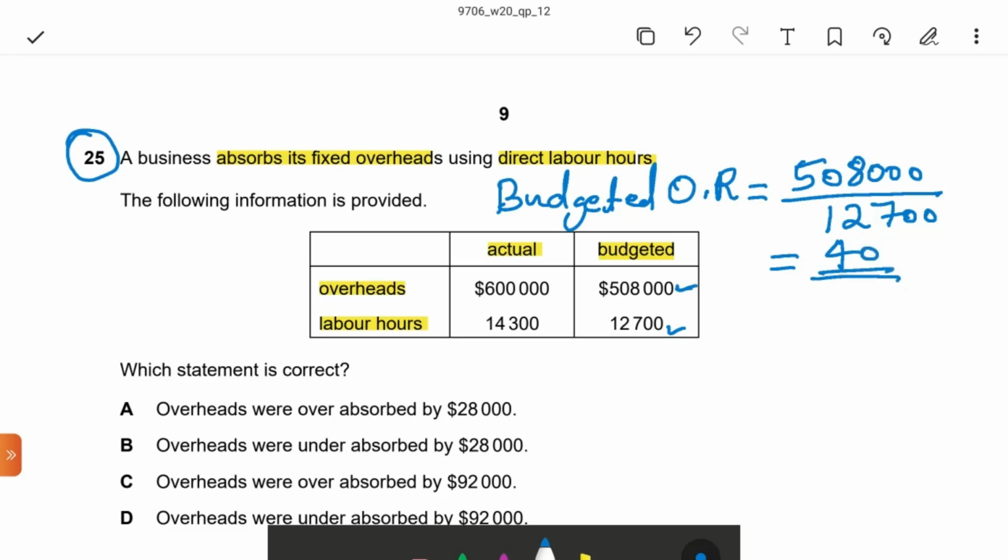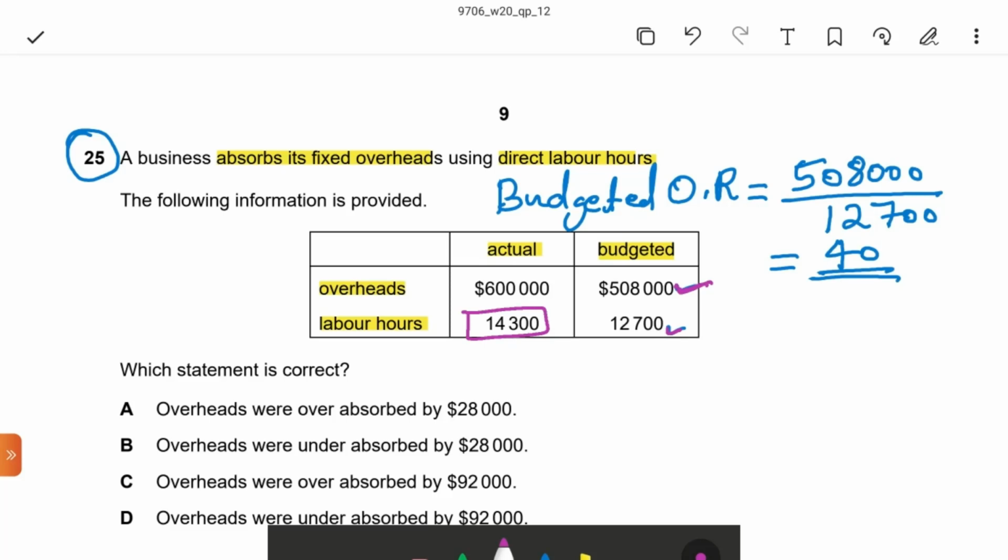Next, we have to calculate the budgeted overhead for the labor hours of 14,300. The 508,000 is the budgeted overhead for 12,700 units. So what will be the budgeted overhead for the 14,300 flexed budget?